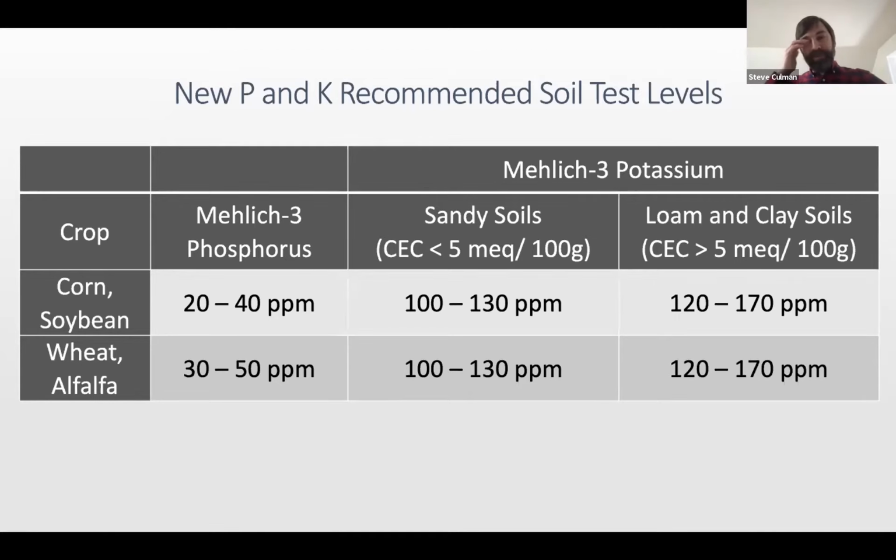So if it's greater than 5 CEC, if it's not a sandy soil, then 120 to 170. This simplifies our numbers and the process of understanding where we're recommending you keep your soils at.